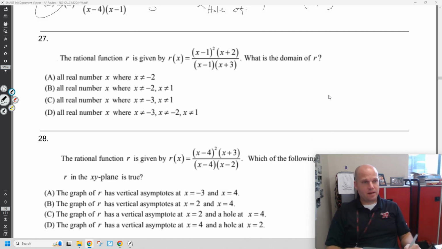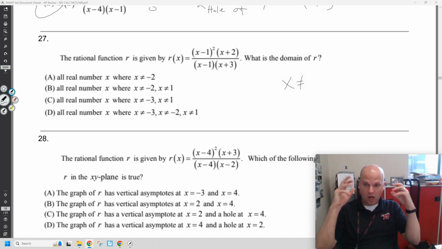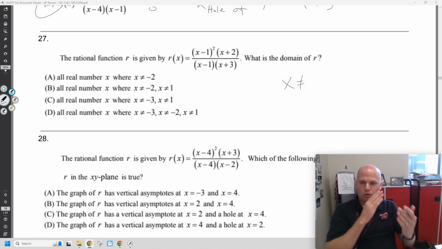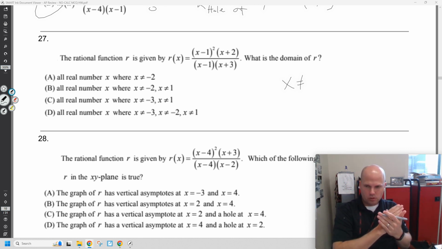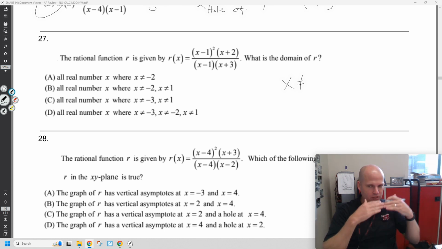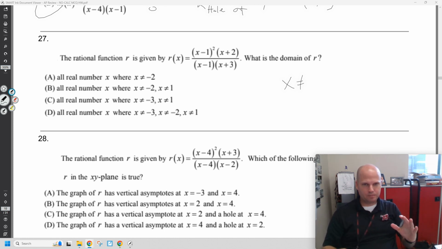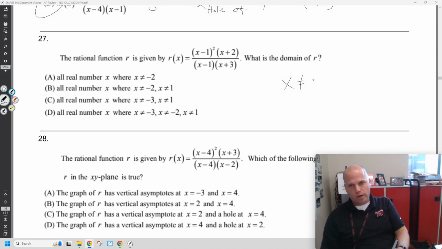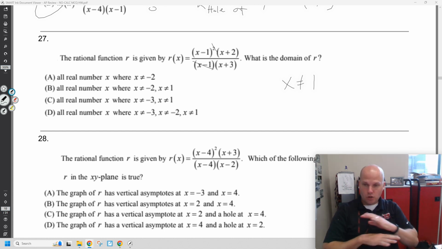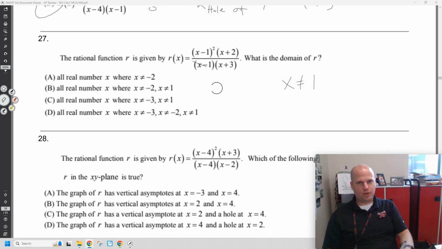Okay, what is the domain? What are the x's that we can plug in? Well, we can't plug in x's so that we get an undefined value. We're allowed to have zeros in the top, provided we don't have the same zeros in the bottom. I can't have 1. You're probably thinking, well, doesn't this x minus 1 cancel? No, don't cancel things.